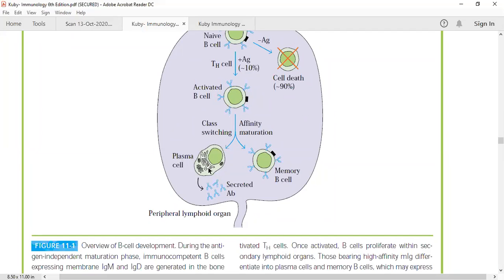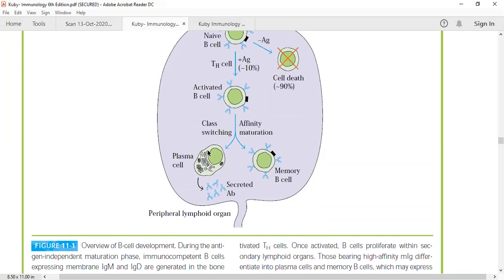Second thing is, if you look into this cell, there is no endoplasmic reticulum and Golgi apparatus shown in this particular diagram. So B cells are having very little Golgi body and endoplasmic reticulum, mainly rough endoplasmic reticulum, which is attached to the ribosomes, right? But in plasma cells, the rough endoplasmic reticulum and Golgi complex are pronounced, meaning they are having a better proportion.